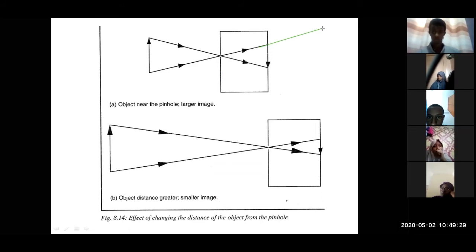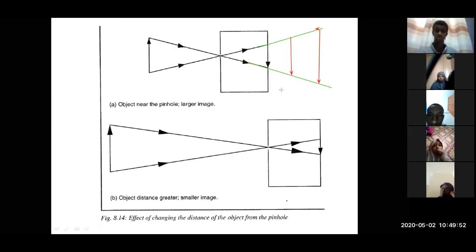You extend that ray to go, and also extend this ray to go. So you see, as you extend those rays, you can see clearly what's happening to the image. This is the image. As the rays move away, you can see this is the image.